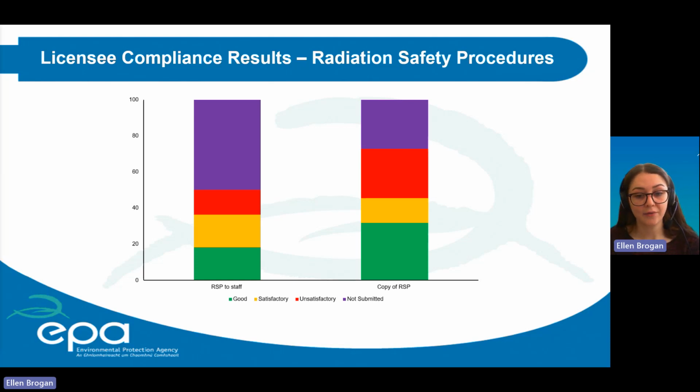And then 27% of licensees didn't have or didn't upload a copy at all. And it's important to note as well, several licensees uploaded the risk assessment here. But the risk assessment and the radiation safety procedures are two different documents.